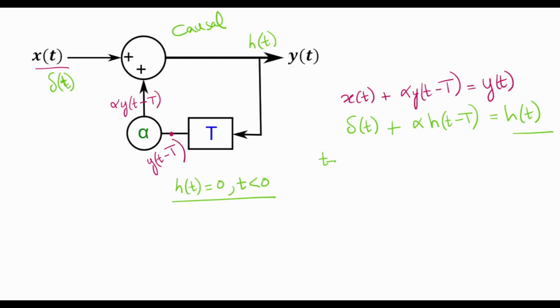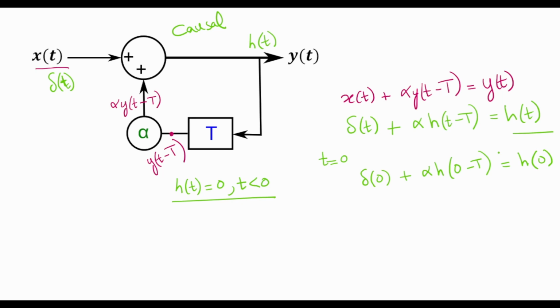Starting from t equal to 0, we know that delta t exists only at t equal to 0. So delta of 0 plus alpha times h of 0 minus T is equal to h of 0.